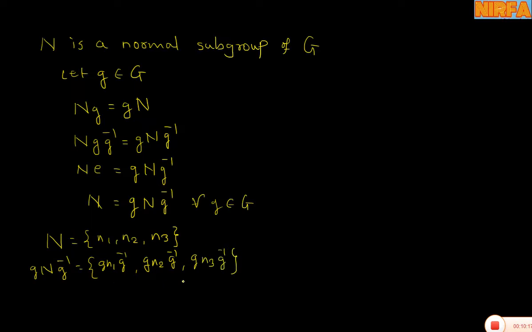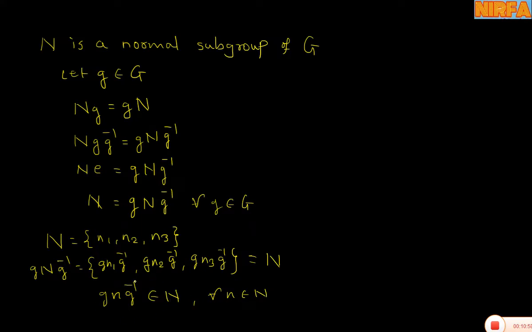Now if you observe all the elements of this set, and we know that since N is a normal subgroup, this g N g inverse is equal to N. That means all these three elements are members of N, and therefore, instead of separately writing all the three elements, I may write g n g inverse belongs to N, and this small n means for all n belongs to N. That means n may take the value n1, n2, n3.